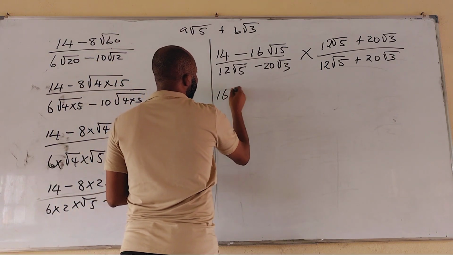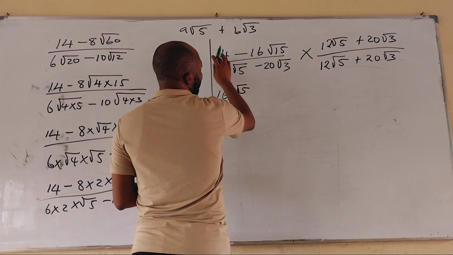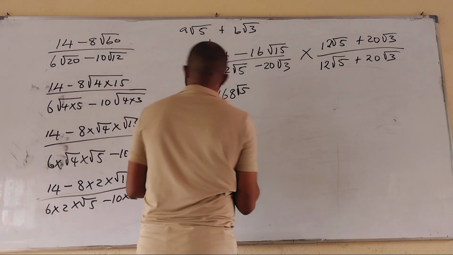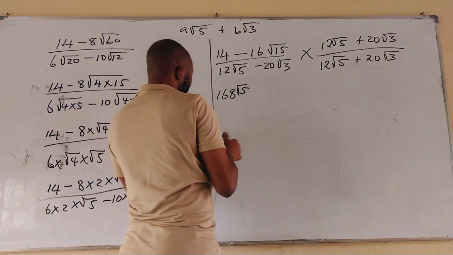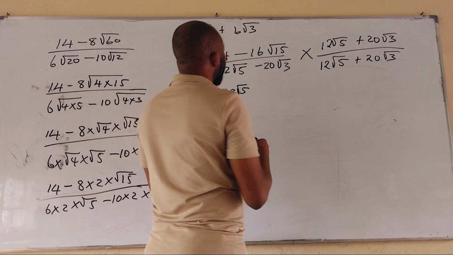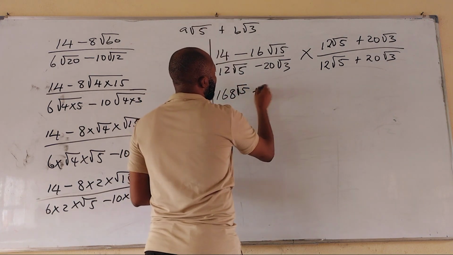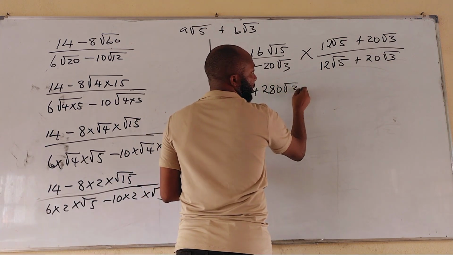I have 168 root 5. 14 times 20 here will give me plus 280 root 3.